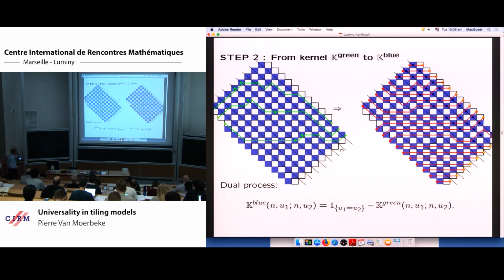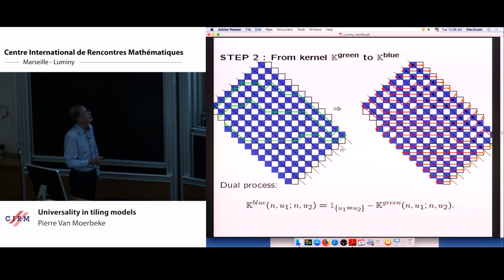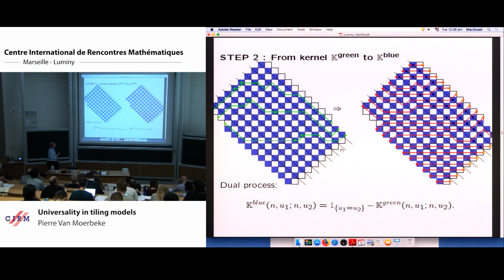So now we were able to compute the kernel for the green dots. That's the formula which I wrote down for you with the integration and the Fredholm determinant of the kernel. And I want to transform this into this, which I call the blue kernel.